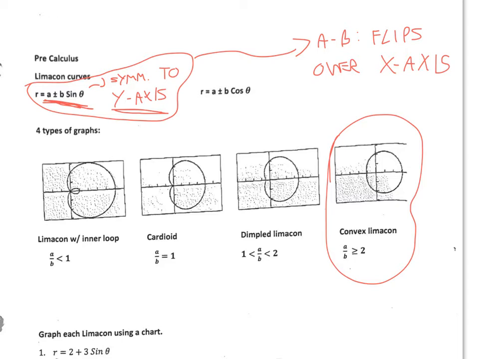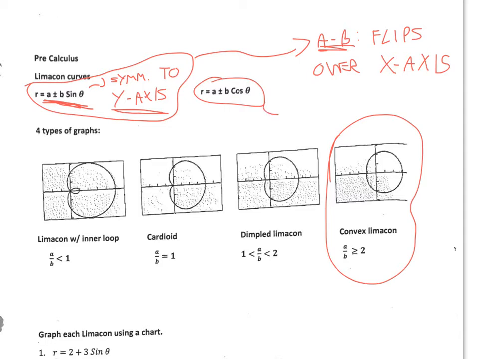Now, one thing I think I put in the first video that was a little misleading, and in fact, I can't remember if I mentioned it: the a minus b, if you have a minus b, I think I kept putting in that it flips over the y-axis. That's only if it's for cosine. We didn't do any ones where you had a minus b for sine, so I don't know if I mentioned that or not.